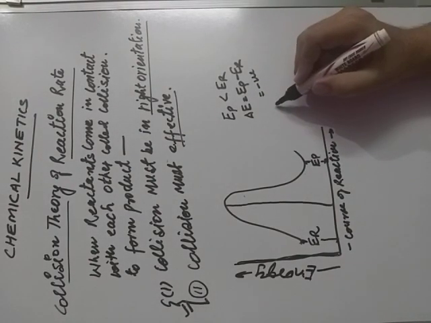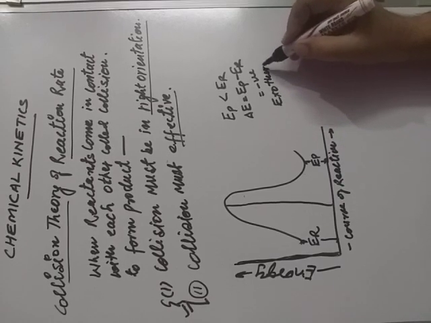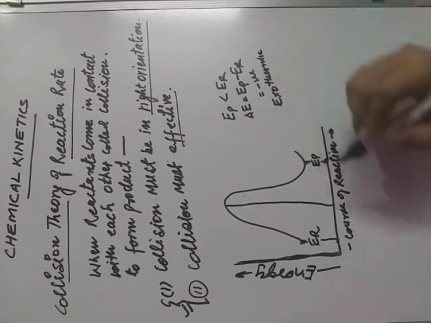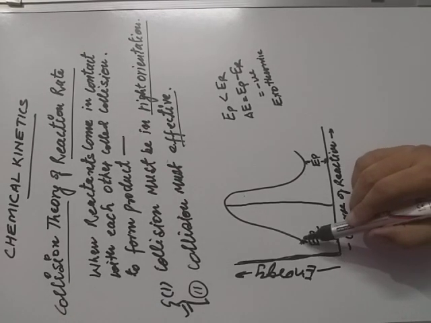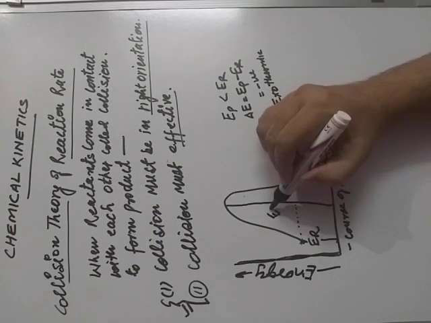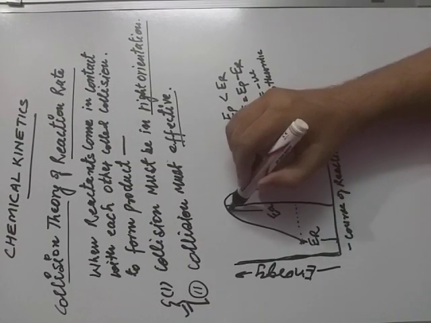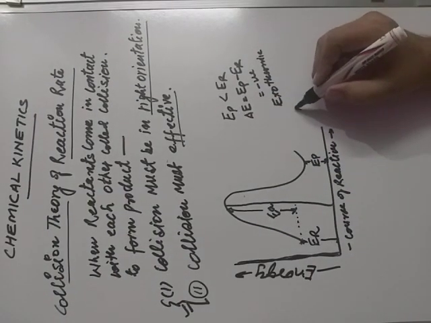That shows the reaction is exothermic. So this is the plot for exothermic reaction. Now here this much energy the reactant has, and when the reactant gets this much energy, that is called activation energy. EA is activation energy.